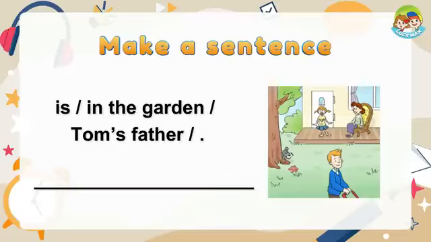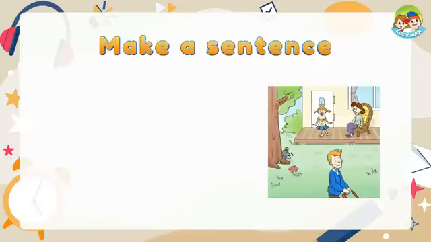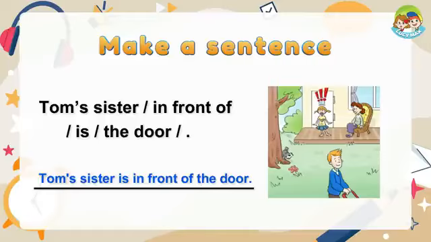The sentence should be, Tom's father is in the garden. Next, Tom's sister, in front of, is the door. Tom's sister is in front of the door.